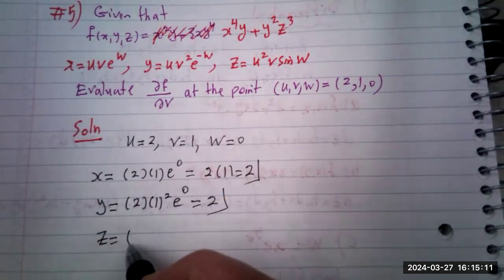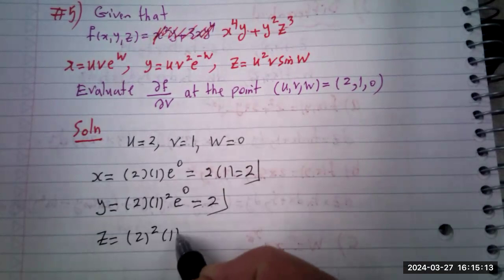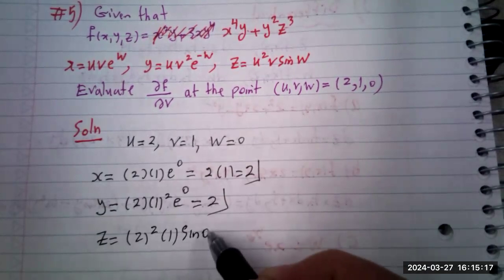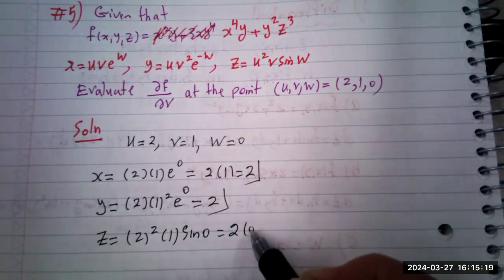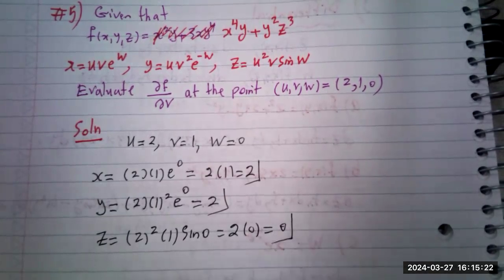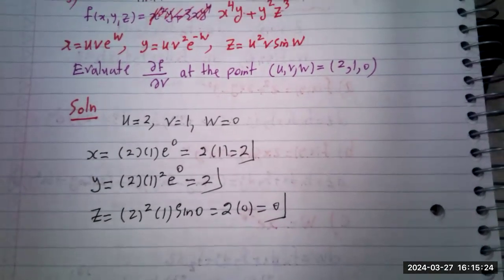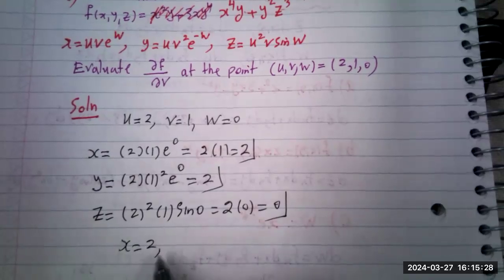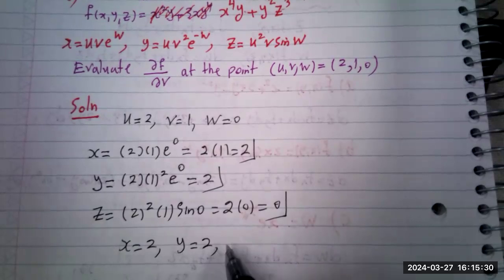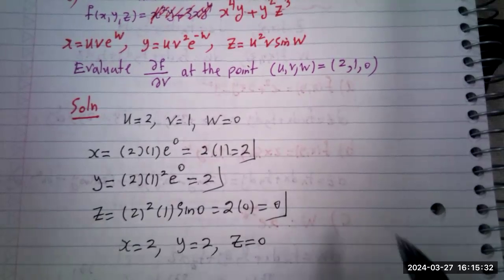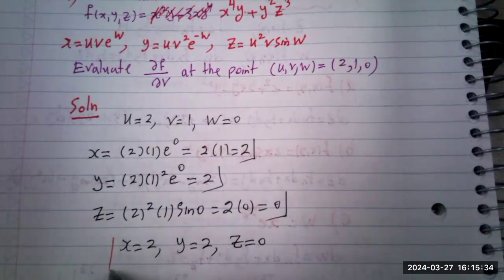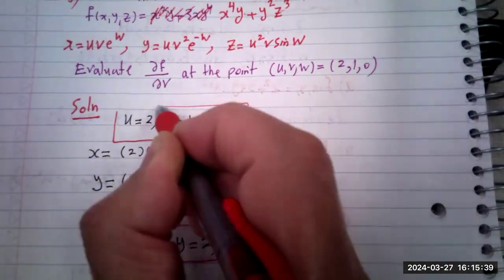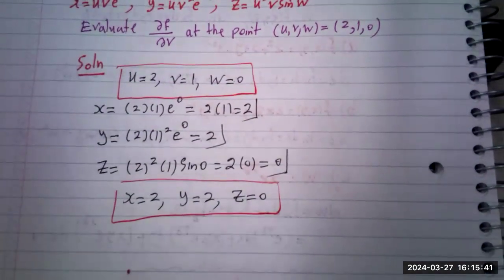U is 2, 2 squared, v is 1, sine of w. Sine of w is sine of 0, which is 0. So that gives you 0. There you are. X equal to 2, y equal to 2, z equal to 0. These are the values that we are going to use to evaluate the derivative.